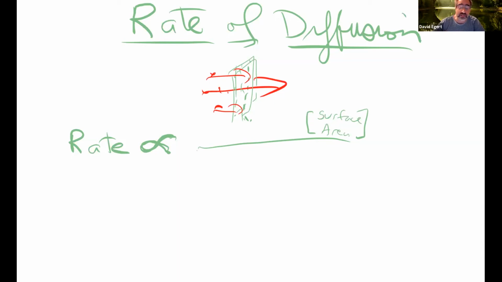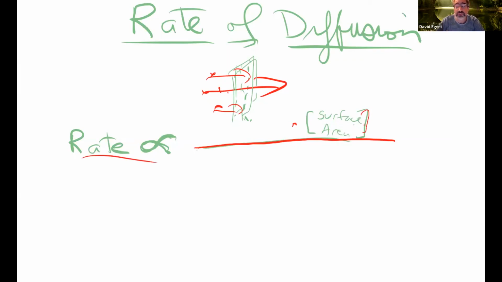We'll see this in the lungs, with all of the little alveoli, tiny little balloons branching and branching, to get a surface area like the size of a tennis court inside your chest cavity for gas exchange. So increasing surface area, and I'm putting this on the top here, meaning it's directly proportional. The higher the surface area, the faster the rate.